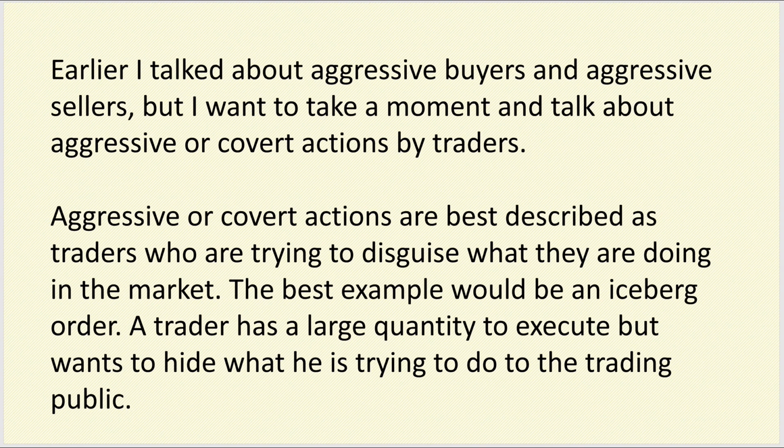And earlier I talked about aggressive buyers and aggressive sellers, but I want to take a moment and talk about aggressive or covert actions, if you will, by traders. Now, when you think of aggressive actions, you think of people lifting the offer, people buying at the market. But there are aggressive actions that traders can take when they're trying to disguise what they're doing in the market. Aggressive actions is different than aggressive buyer or aggressive seller.